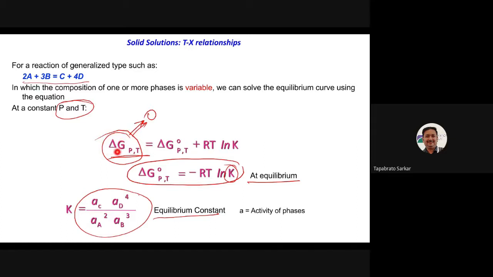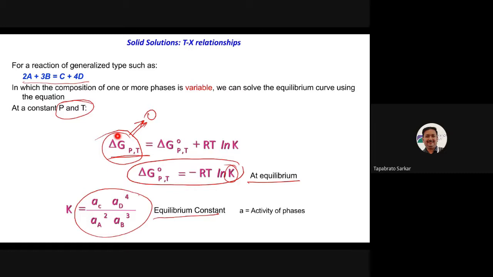As I said, we are not going into the derivation of the reactions, but this is the reaction we write, where del G at a particular pressure and temperature in which we are trying to find out equals del G0 PT, this term we will define, plus RT ln K. Now as they are in equilibrium at a particular pressure and temperature condition, this part becomes 0.